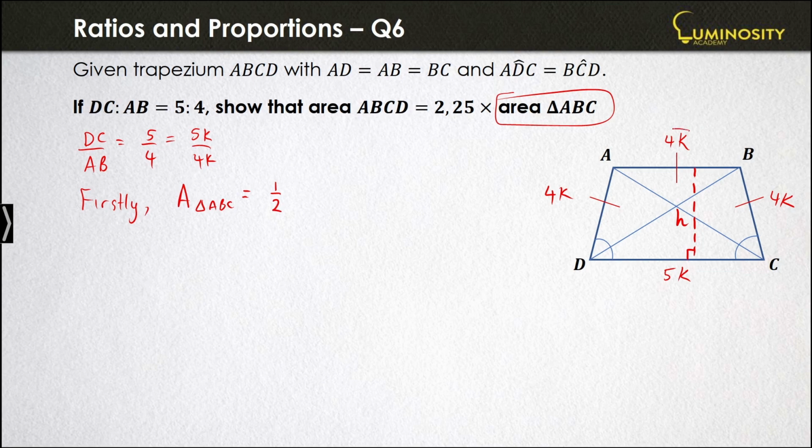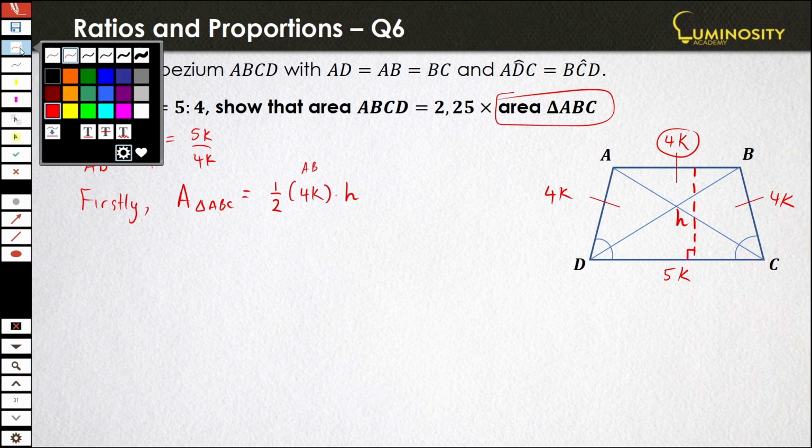In this case, the base here is AB, so 4K, times the perpendicular height H. Okay, so that is the area of triangle ABC. Now, what's the area of the trapezium ABCD? Okay, so let's work that out.